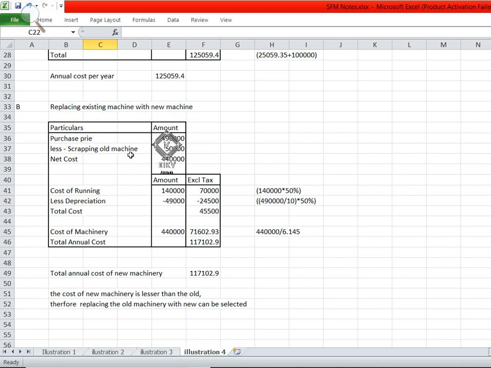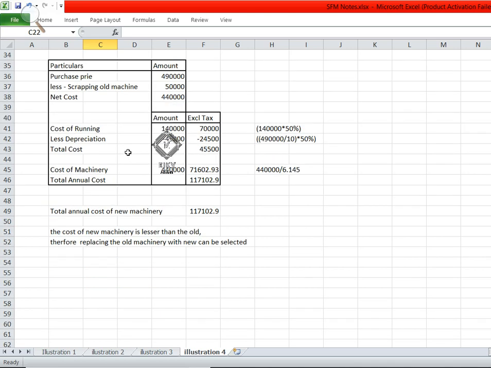So when we net the cost, we will get a cash outflow of 4,40,000. Let's keep that amount apart and check the running cost of the machinery. Cost of running is 1,40,000. When we exclude tax, we will get 70,000, which is 1,40,000 into 50%.